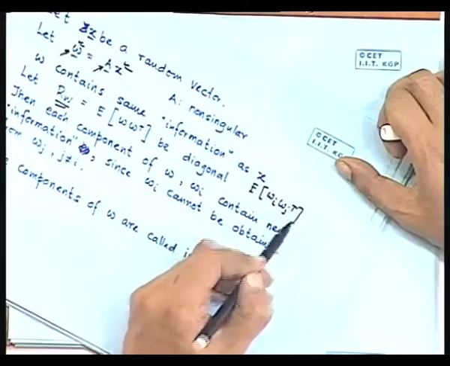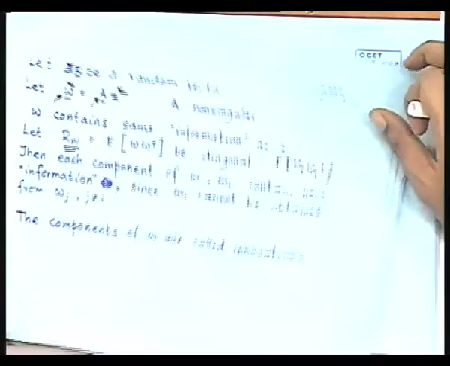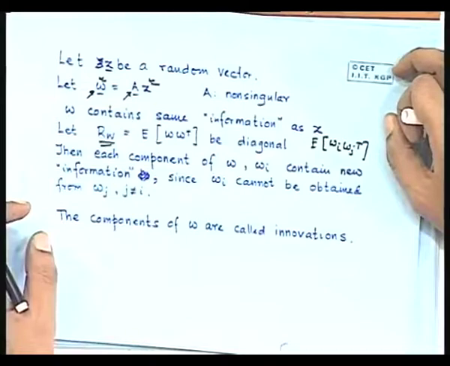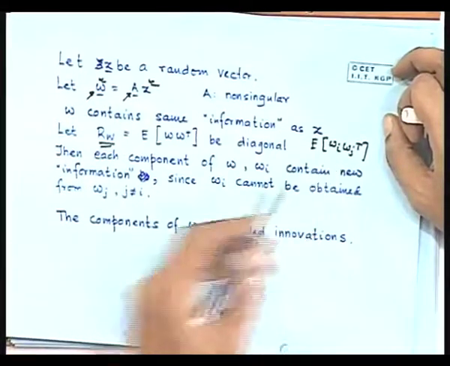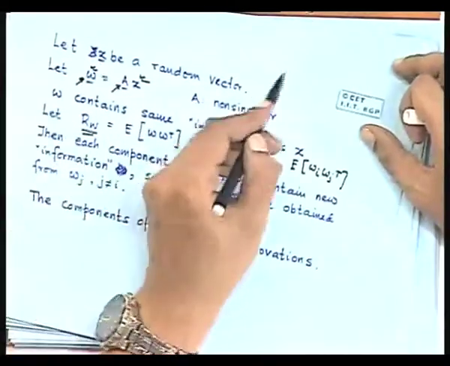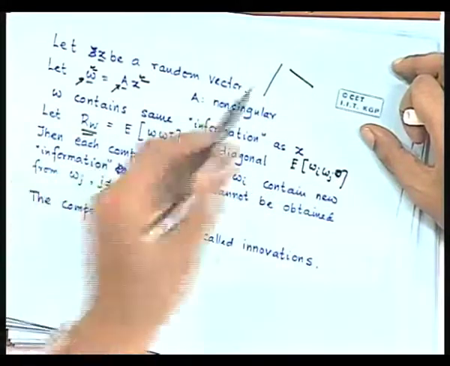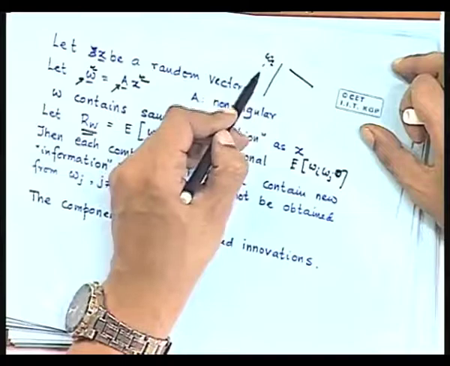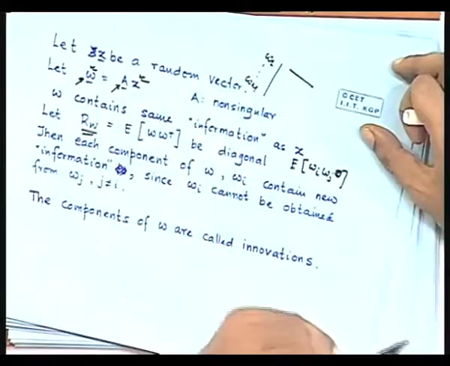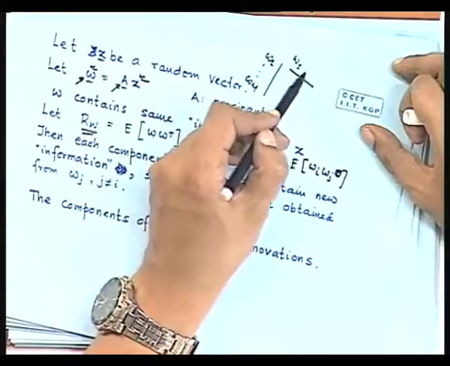Here W is a vector, and this is its transpose. Suppose W has elements W1 up to Wm, and here also W1 up to Wm.